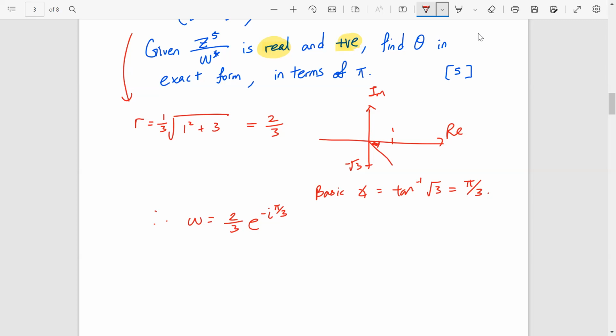So next part, we will need to use z^5 over W star.